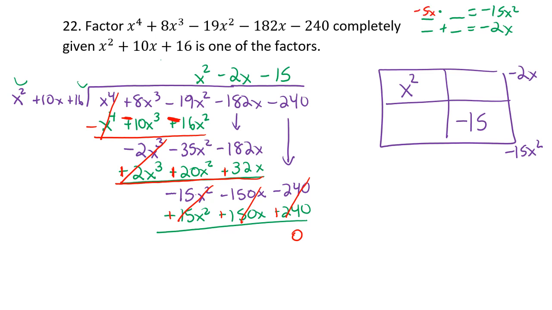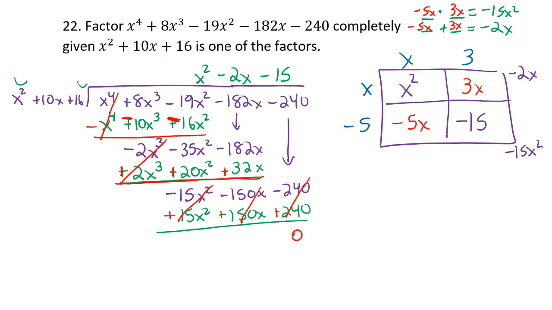So negative 5x times 3x is negative 15x squared. Negative 5x plus 3x is negative 2x. So x times x is x squared, x times 3 is 3x, x times negative 5 is negative 5x.